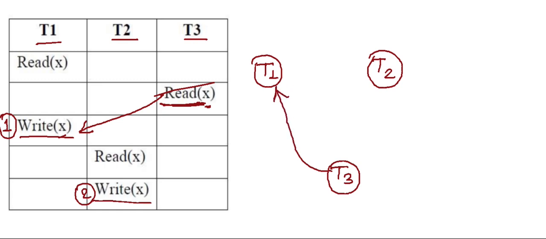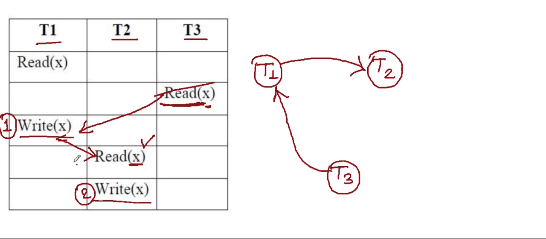Now, after this write, is there any operation on X in another transaction? Yes, it is in T2. So the graph flows with the write of X from T1 to T2, in this direction.